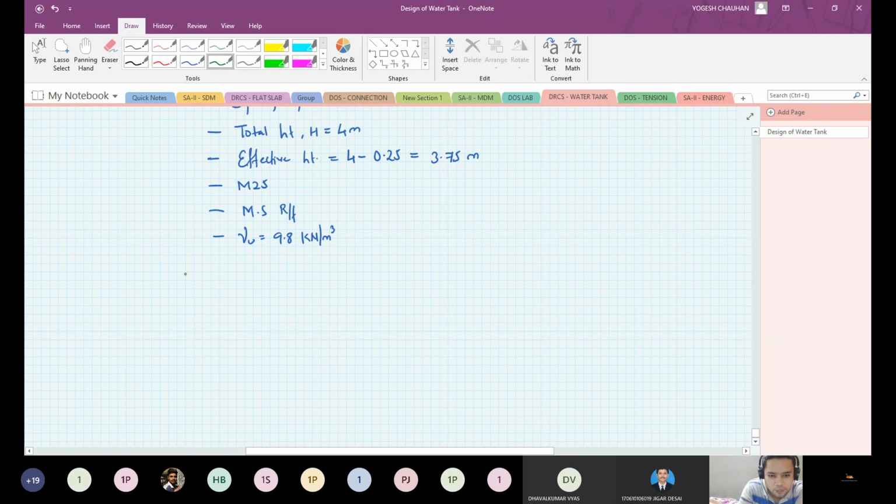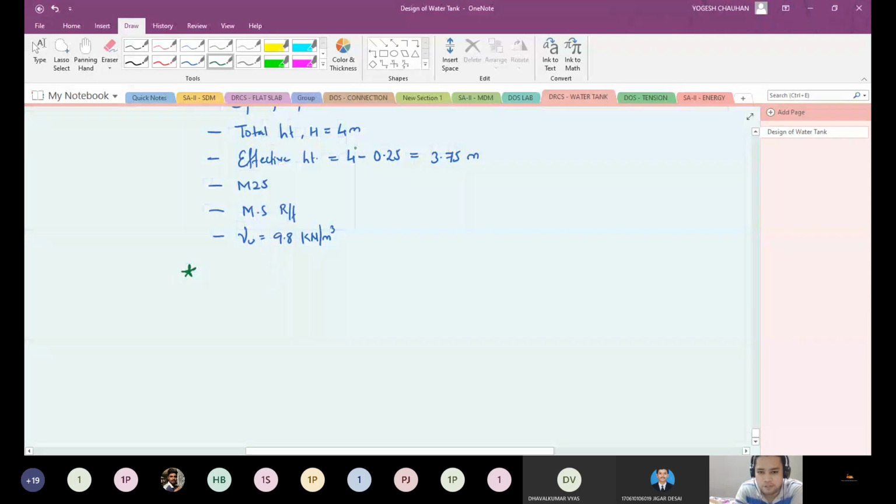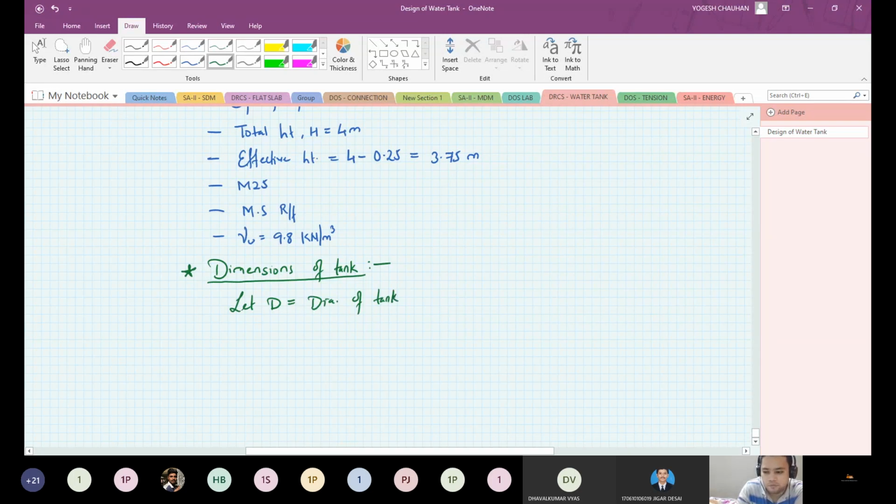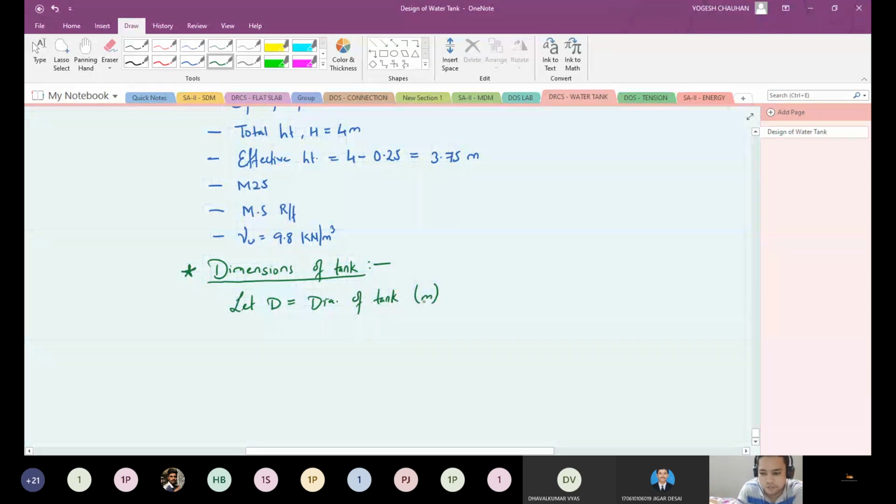So first step is to dimension. Based on the required capacity, we'll first find some dimensions of the tank. So dimensions of tank satisfying the requirements. Okay, so let D be the diameter of the tank in meter.